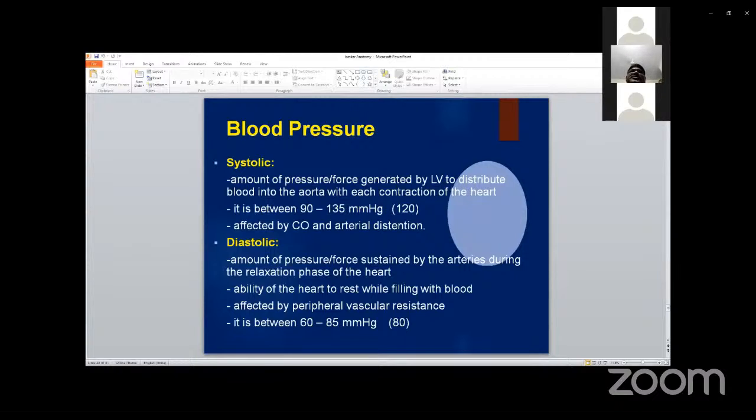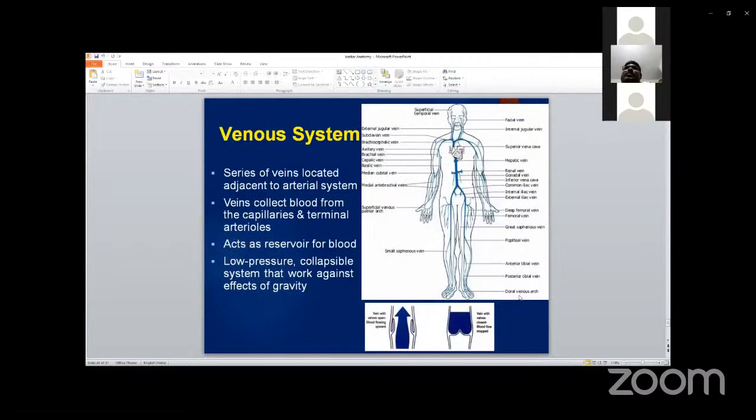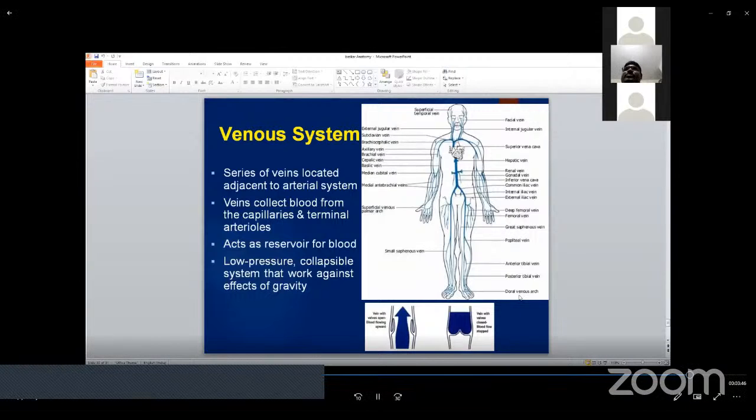So next one is, if the diastolic blood pressure or systolic blood pressure changes from the values mentioned by the medical field, we may face hypertension or hypotension, low blood pressure.